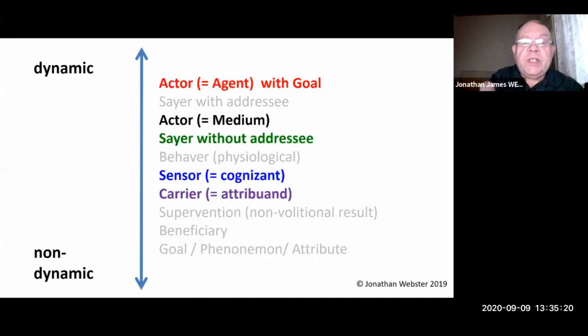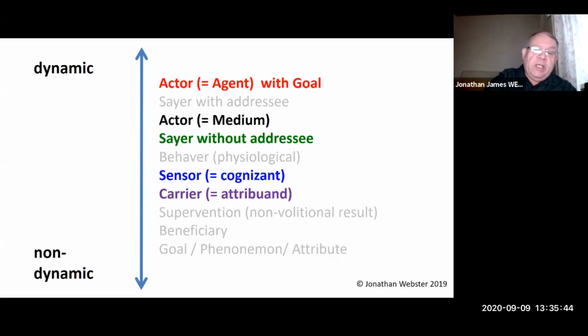And what occurs in this particular poem is what I've highlighted here. We have actors with a goal, someone who does something to something else. We have some actors where there is no second participant. We have those that say something, but not to anyone else. We have the senser, we have the carrier.